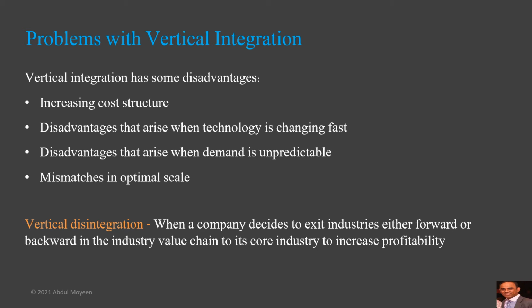Now the final disadvantage is basically the mismatches in optimal scale. Even in situations where it appears that vertical integration might improve product quality or provide other benefits, it can be inefficient to vertically integrate if the new business has a higher minimum efficient scale than could be reasonably utilized by the current business.